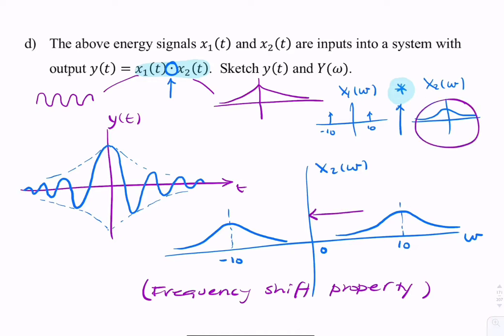So this is the shift in frequency, a positive shift and a negative shift. Whether you look at it as a frequency shift property or as a convolution property, the result is the same.